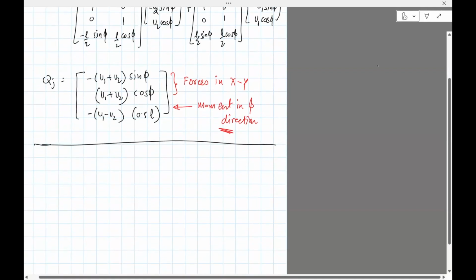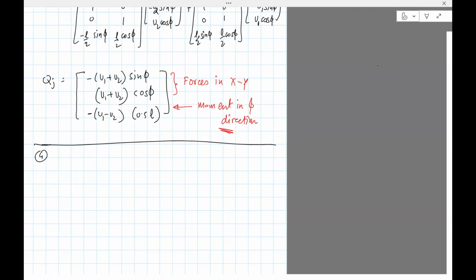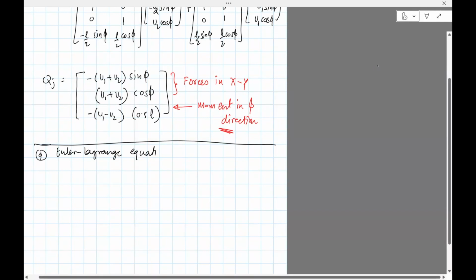Yeah, the fourth and final step is probably the easiest one, the Euler-Lagrange equations. What are the Euler-Lagrange equations?